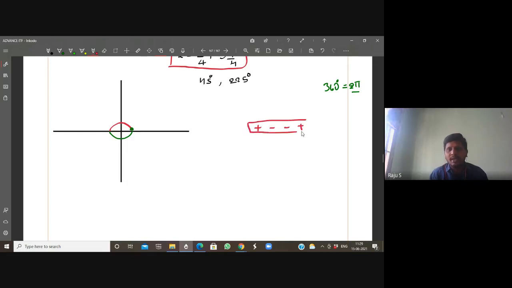This completes one cycle, and it repeats after 360. But when you see tan: first quadrant positive, second quadrant negative, third quadrant positive, fourth quadrant negative. Here the pattern is plus, minus, plus, minus. It is repeating every 180 alone.